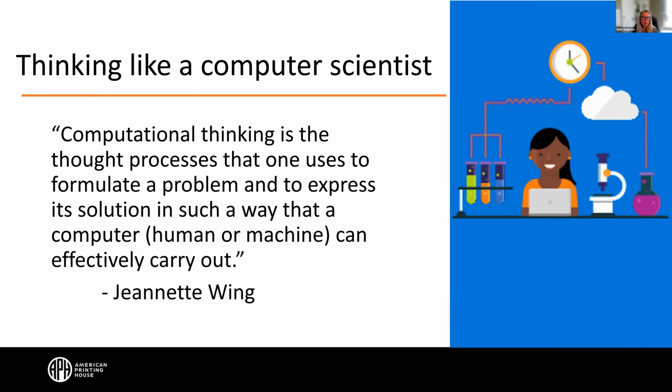Over time, it's been broken down into 4 general components: decomposition, pattern recognition, abstraction, and algorithmic thinking. So decomposition, we talk a lot in computer science terms, but it is part of this computational thinking. It's just the ability to break a larger problem down into smaller parts.